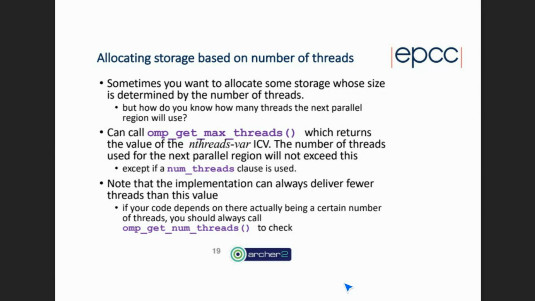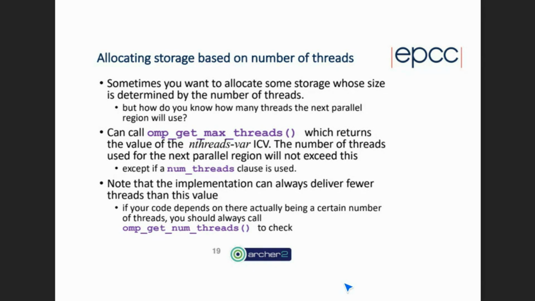So you're at least guaranteed that the number of threads used for the next parallel region will not be larger than that value, unless you use an explicit num threads clause on the parallel region. That gives me something at least as big as the number of threads that will be used for the next parallel region, so I can allocate my data based on the value of that.